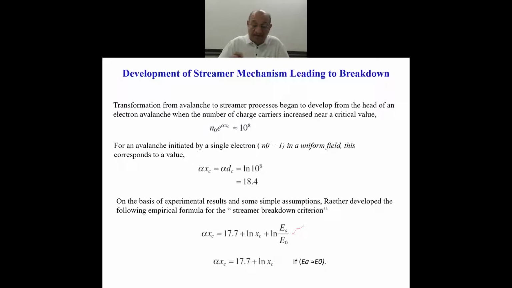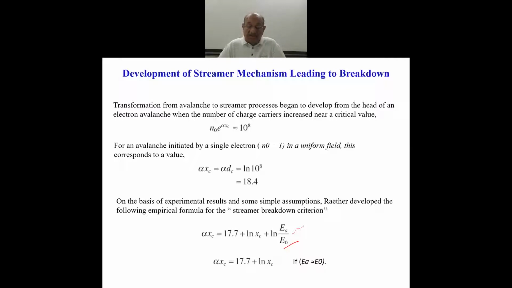One, the applied electric field E naught, and the other, the electric field developed by the avalanche, EA. So for alpha xc, he derived this empirical equation: alpha xc is equal to 17.7 plus ln xc plus ln EA by E naught.